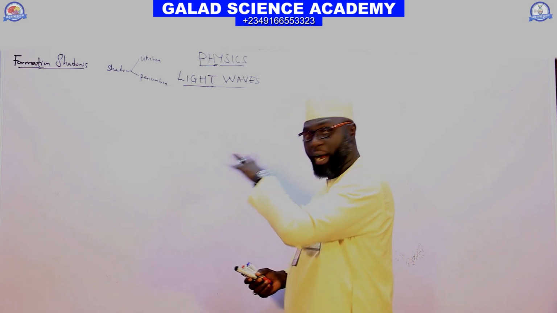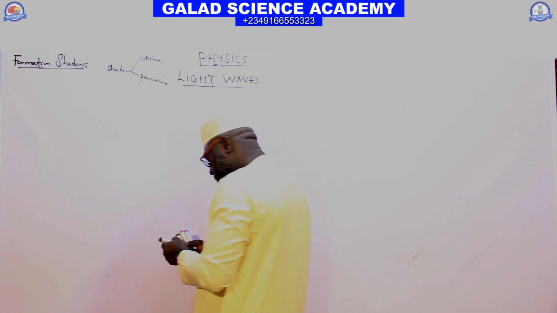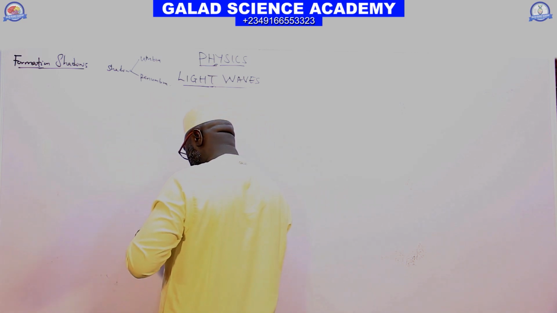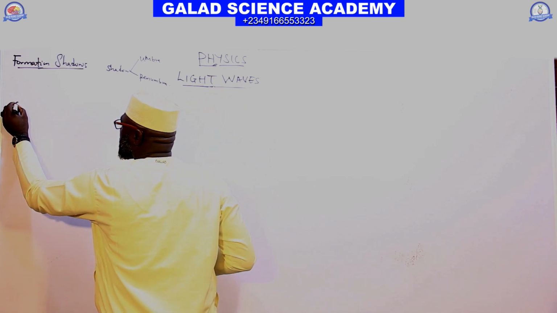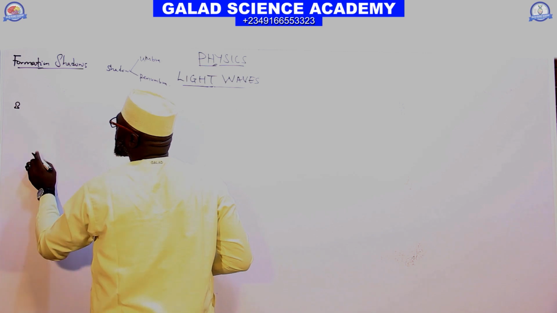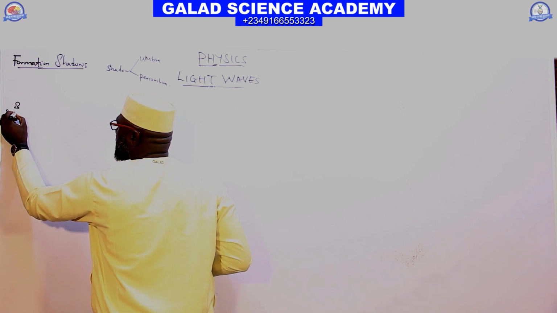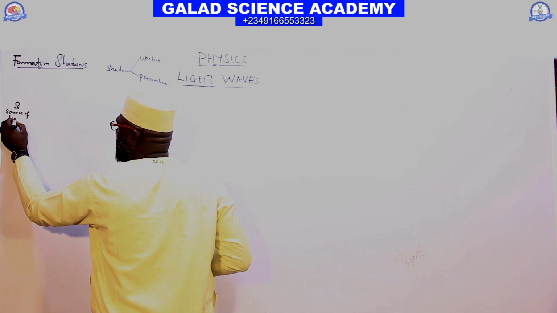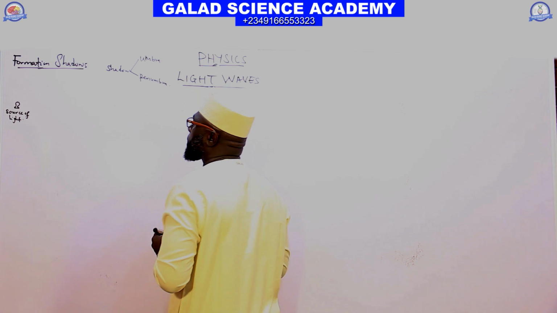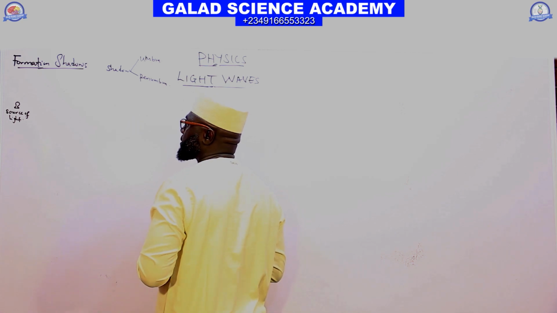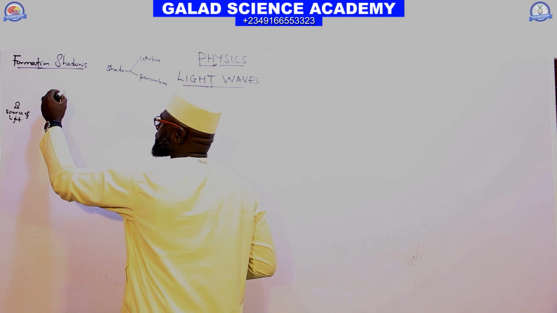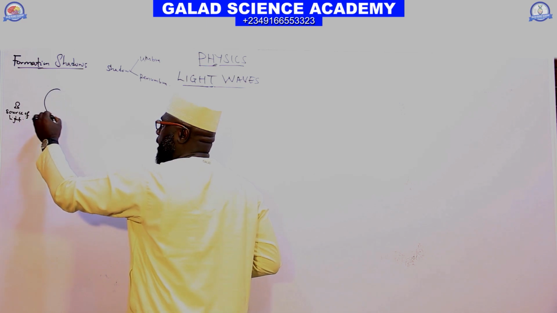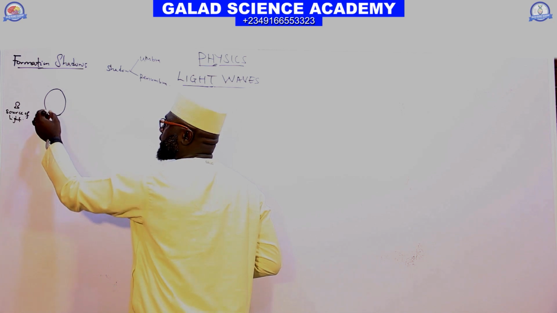Let us look at how shadow forms diagrammatically. Yes, assume this is a source of light. And here we have an opaque object.